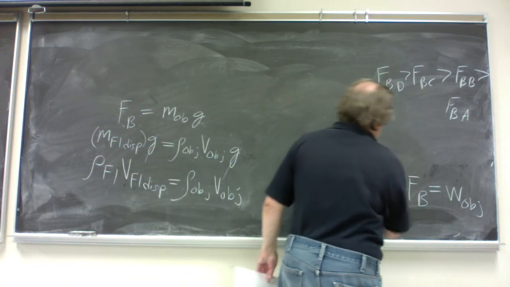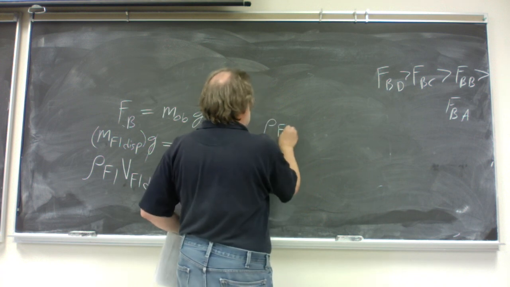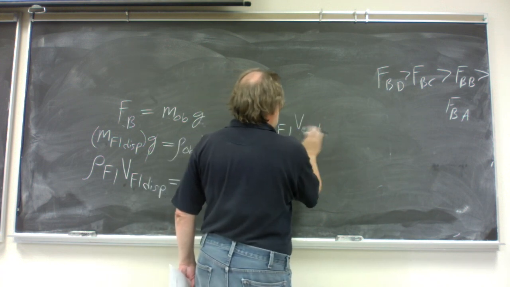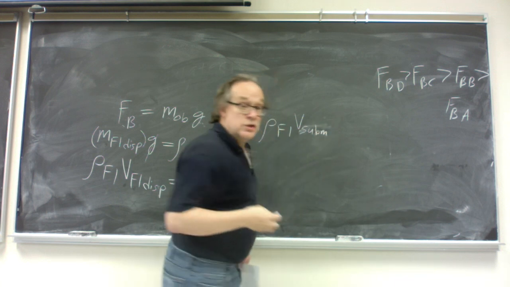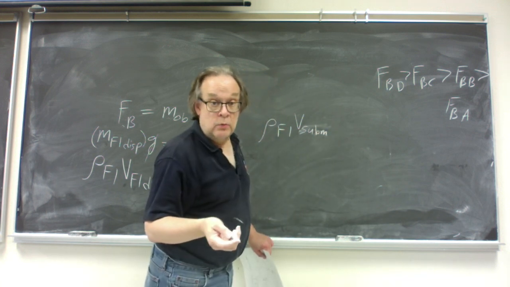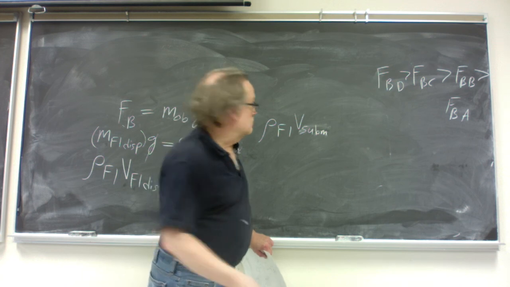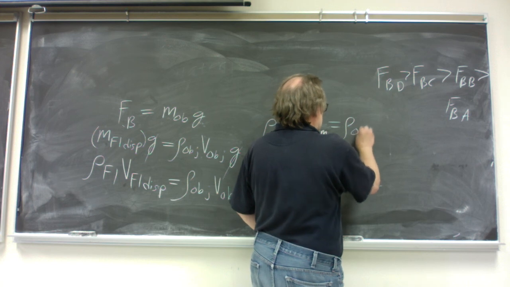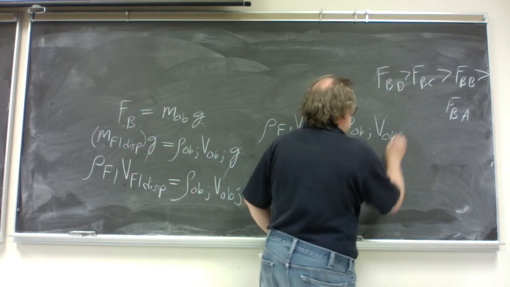So let's write our equation this way. Density of the fluid times the volume submerged, however much volume of the floating object is submerged, and that's equal to the density of the object times the whole volume of the object.